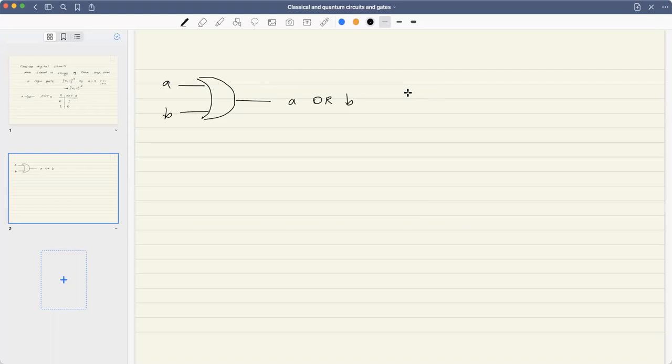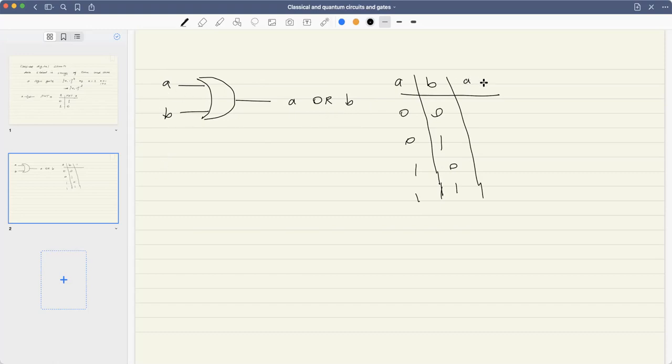So if I want to write the truth table here, now I have 2 bits, A and B. What are all the possible bit strings? Well, I can have 00, 01, 10, 11. Those 4, 2 to the power 2, are all the possible bit strings that my input can take, and the output is just 1 bit.